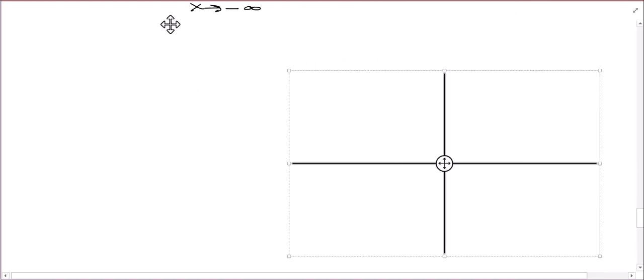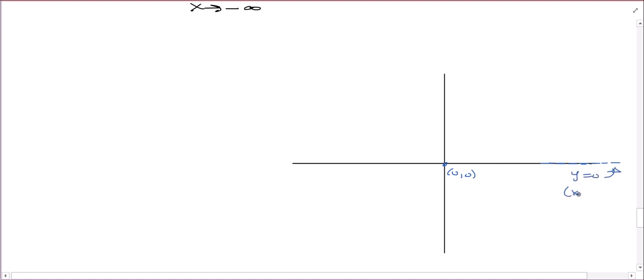We already know our x-intercept and y-intercept is (0, 0), and we know that y equals 0, the x-axis essentially, is a horizontal asymptote to the right. To the left, as x goes to negative infinity, the function grows without bound, going towards positive infinity.